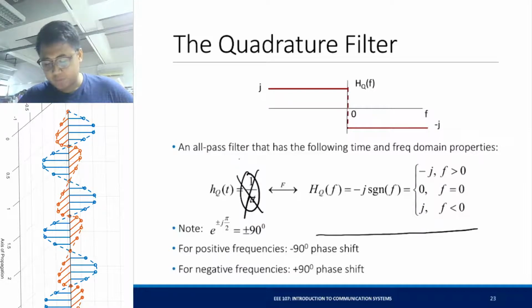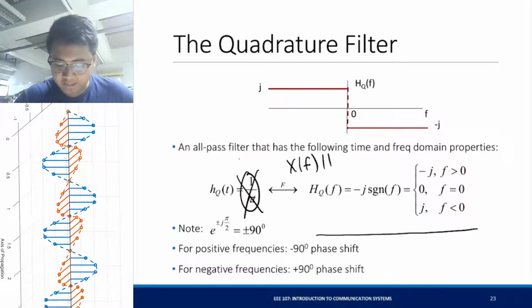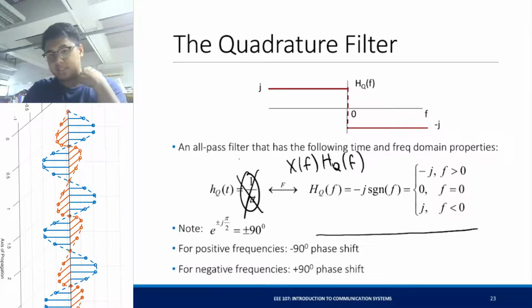Okay. What does this mean? So basically, if we have a signal X of f, we recall that the output, if we put it in the quadrature filter, will just be a scaled version. But does it scale anything? In terms of magnitude, it does not scale anything. Okay? The magnitude does not scale anything. But the phase actually is different.